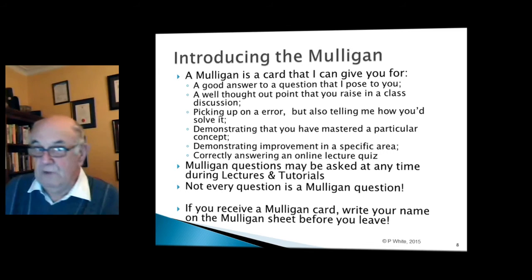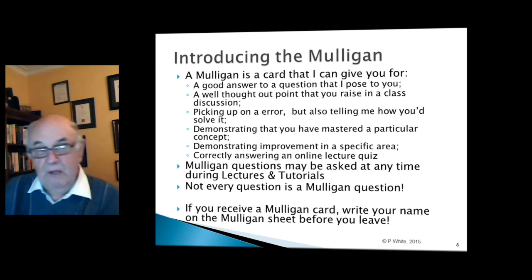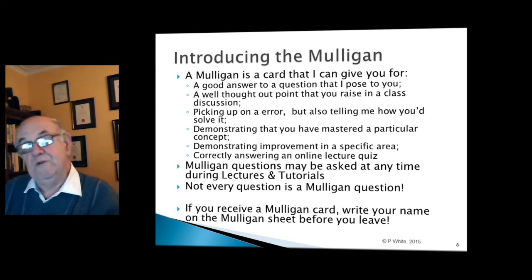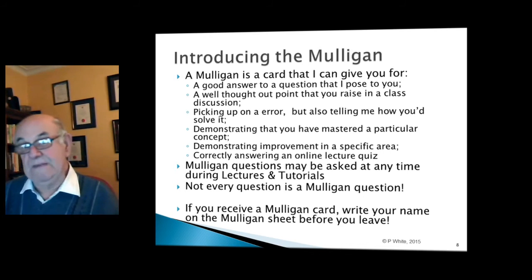If you raise a really well thought out point in a class discussion, if you pick up on an error but also tell me how you go and solve it, if you can demonstrate to me that you've mastered a particular concept or that you've improved in a specific area, or if you correctly answer one of the online lecture quizzes. So I might ask a mulligan question at any time during the lecture or tutorial, and I will preface it by saying this is a mulligan question.